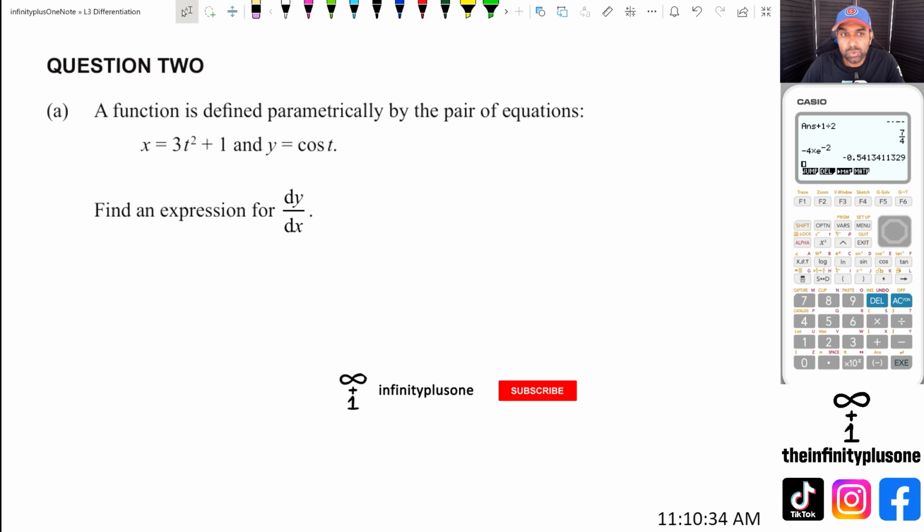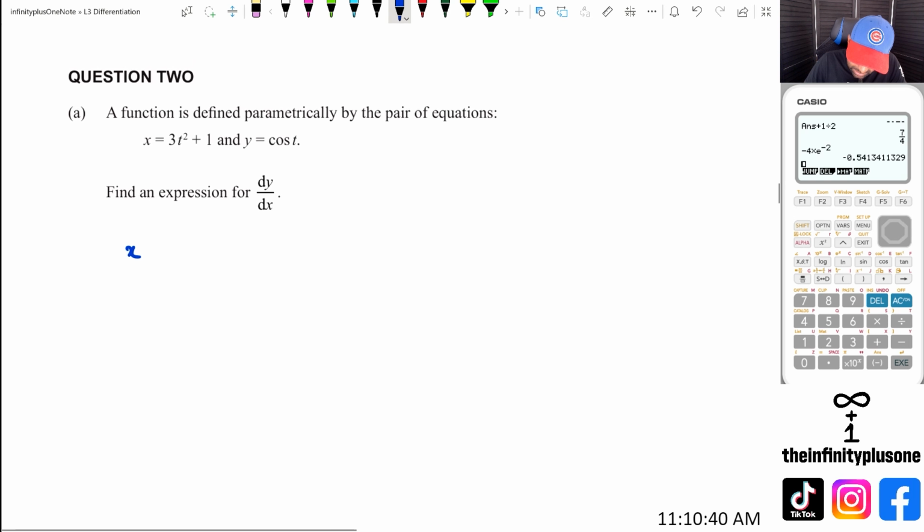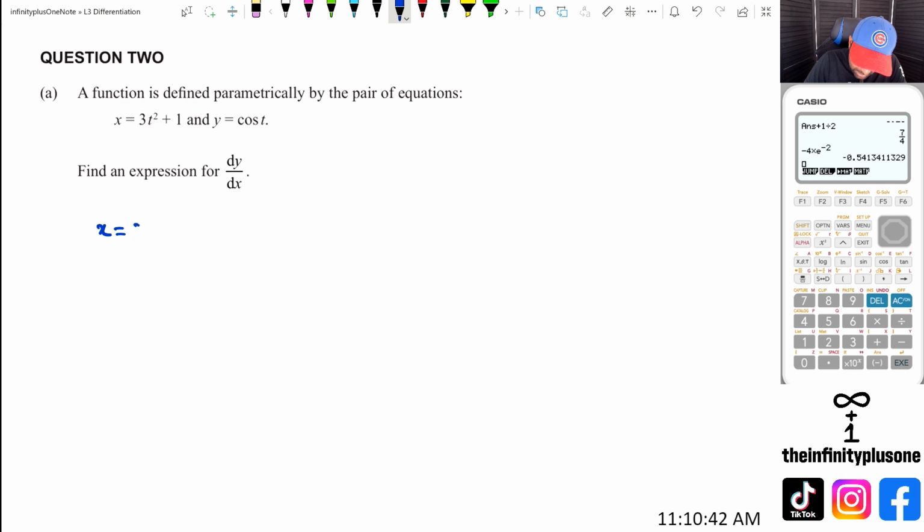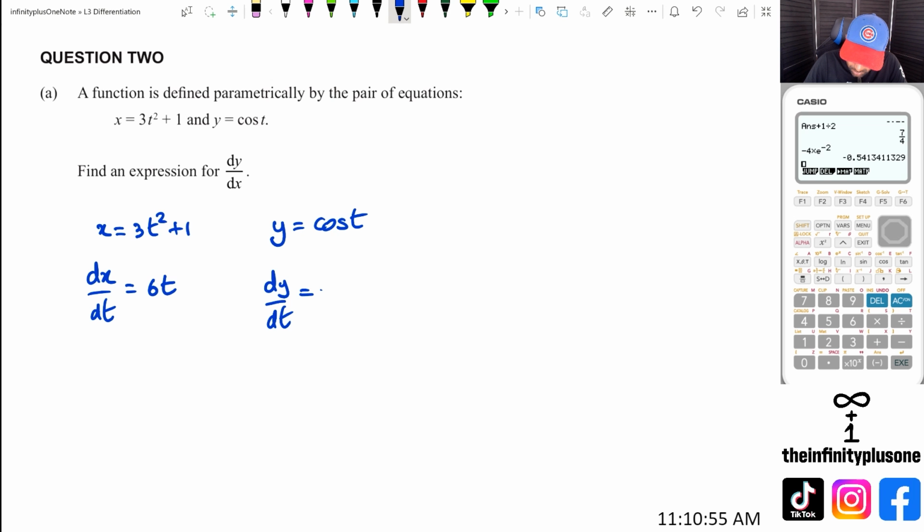All right, so question 2, what we've got is find an expression for dy dx, and we're working with parametrics. So if x is equal to 3t squared plus 1, then dx dt is equal to 6t. And if y is equal to cos t, then dy dt is equal to negative sine t.